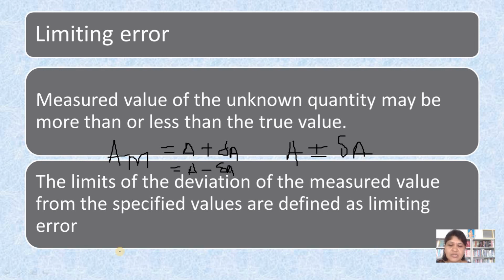Then we use the relative error, which is the ratio of the absolute error and the true value, and we can also express it as the percentage relative error. And the limiting error, in which the limits are defined for the value of the unknown quantity.